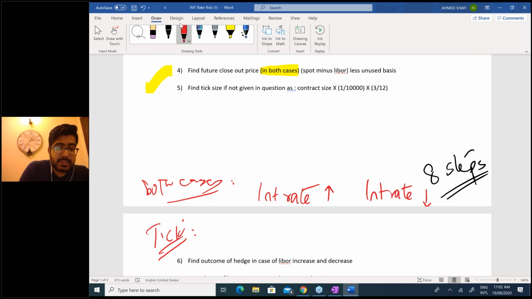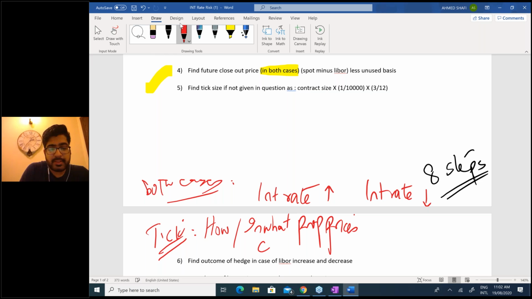Now tick is basically how, or in what proportion, prices can change.